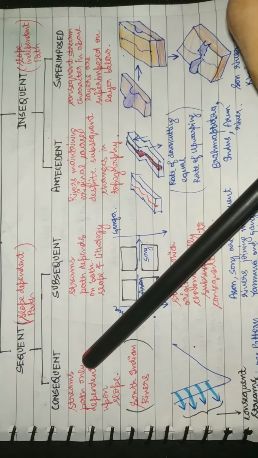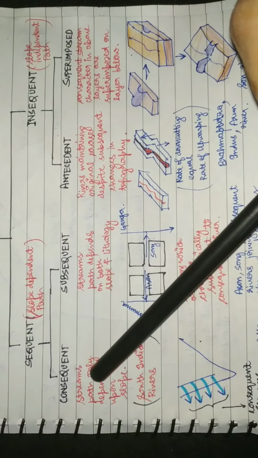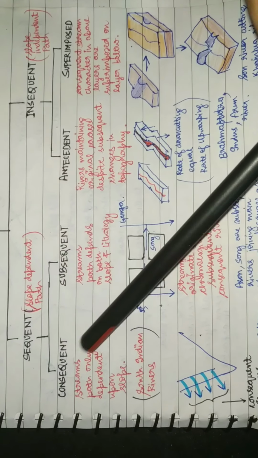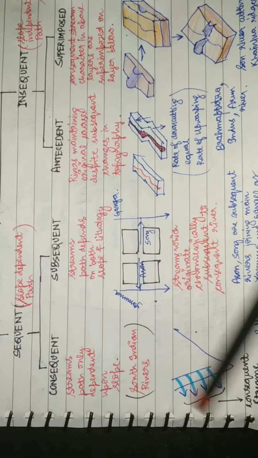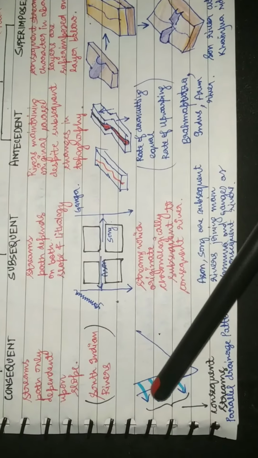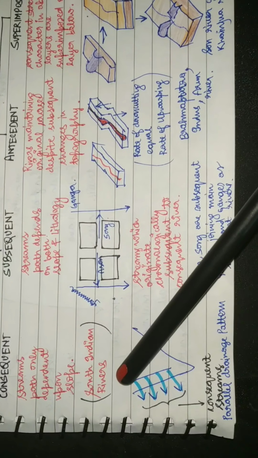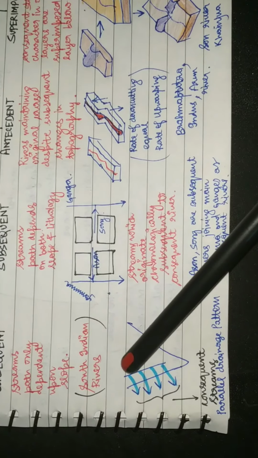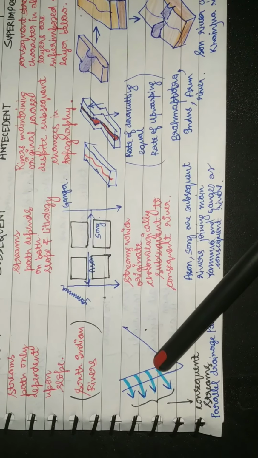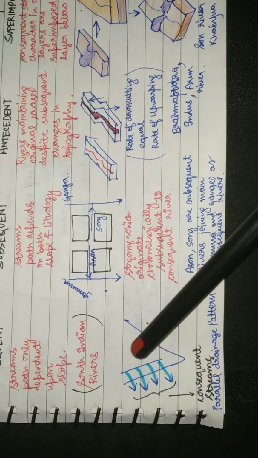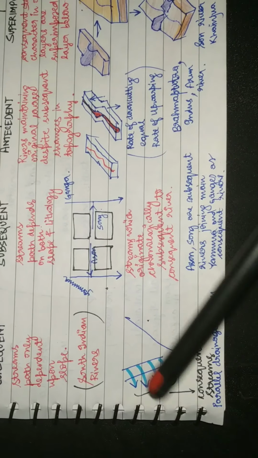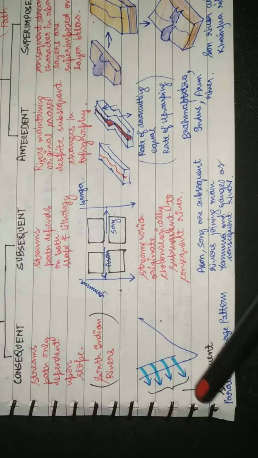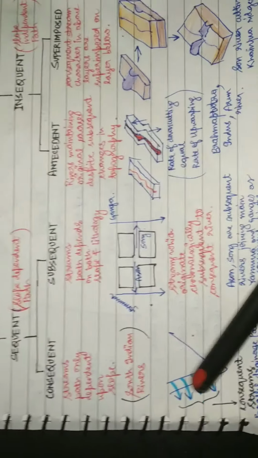Now the consequent are the rivers where the stream path is only dependent upon the slope. For example, the South Indian rivers along the Western Ghats, since the Western Ghats is something like this, and the river moves towards the Arabian Sea. These are consequent rivers.